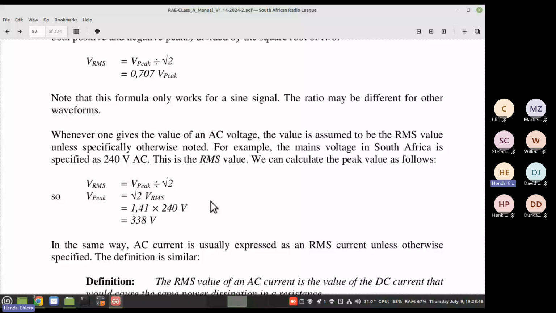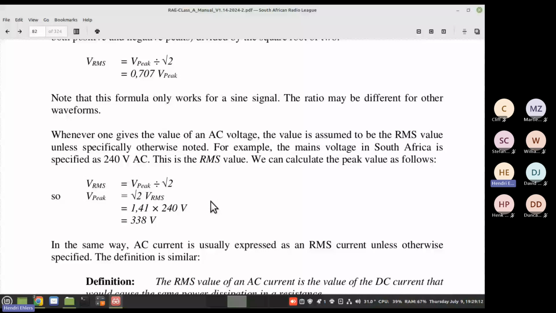Whenever one gives a value of an AC voltage, the value is assumed to be the RMS value unless specified otherwise. So if I tell you I need a transformer with a secondary voltage of 15 volt, it would be 15 volt RMS.